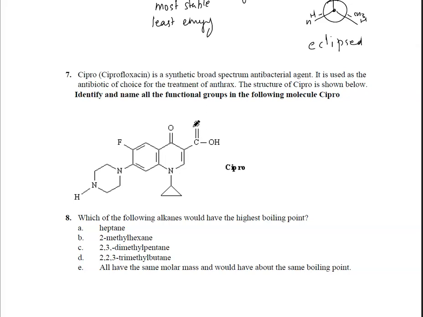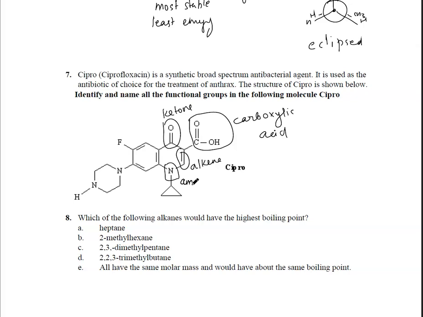All right, so to identify, this one is actually a carboxylic acid. This one is a ketone. A C double bond O is a ketone. This one is an alkene. Here we have an amine, arene.